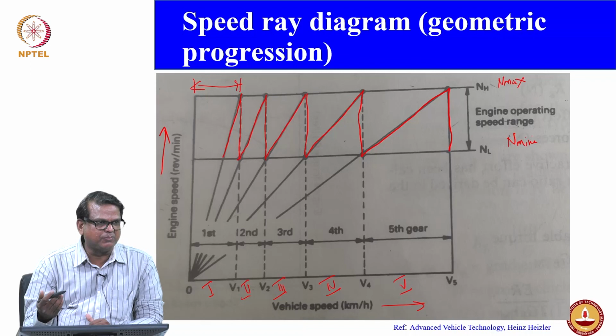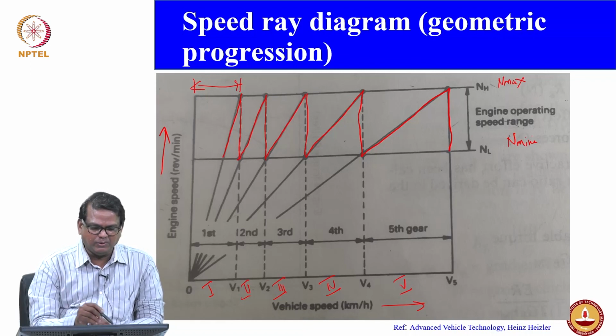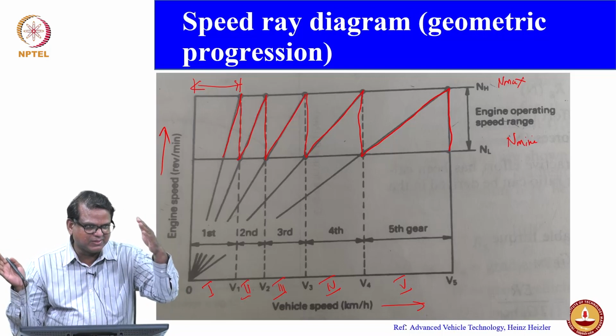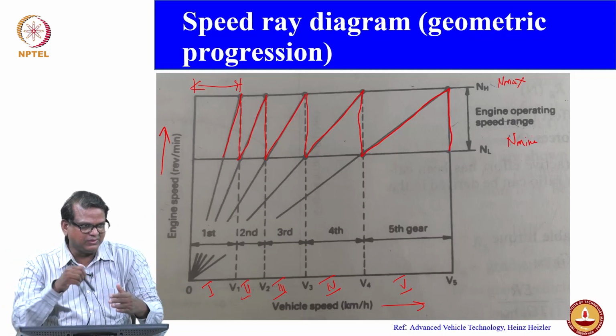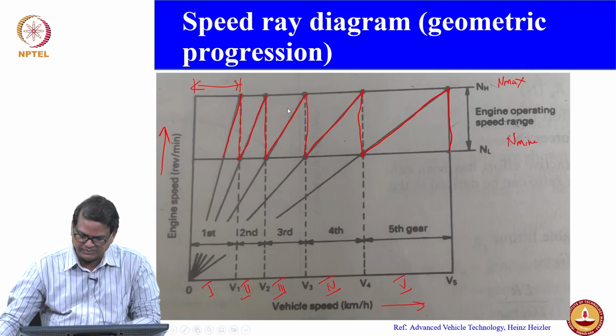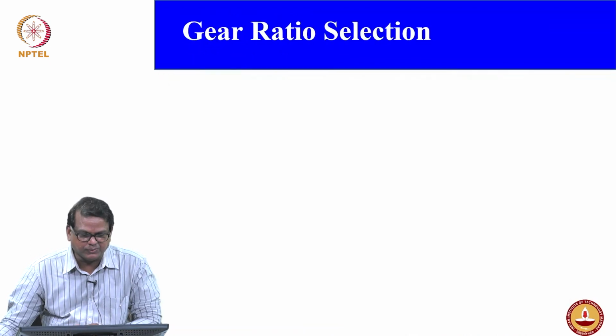Already I have discussed what happens to the minimum speed if we have a progressive or logarithmic ratio. It changed, right? The gap is narrowed down. As the shifting increases, it should narrow down. So that's what we have discussed. This is about the ray diagram for geometric progression.